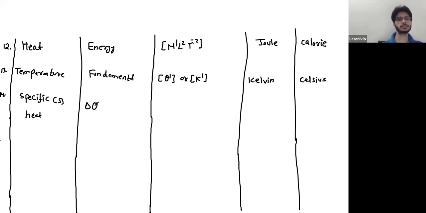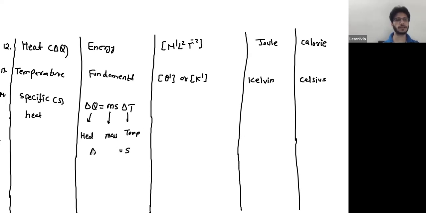The formula: we usually represent heat with capital delta Q. So delta Q is m s delta T. Delta Q is heat, m is mass, delta T is temperature. From this expression, we can write s as delta Q over m delta T. Write down its dimensional formula, its SI unit and its CGS unit.